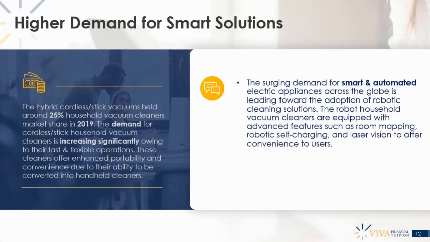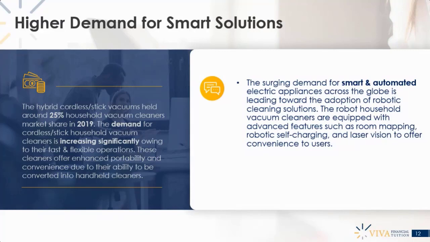So the surging demand for smart and automated electric appliances across the globe is leading toward the adoption of robotic cleaning solutions. The robot household vacuum cleaners are equipped with advanced features such as room mapping, robot self-charging, and laser vision to offer convenience to users.